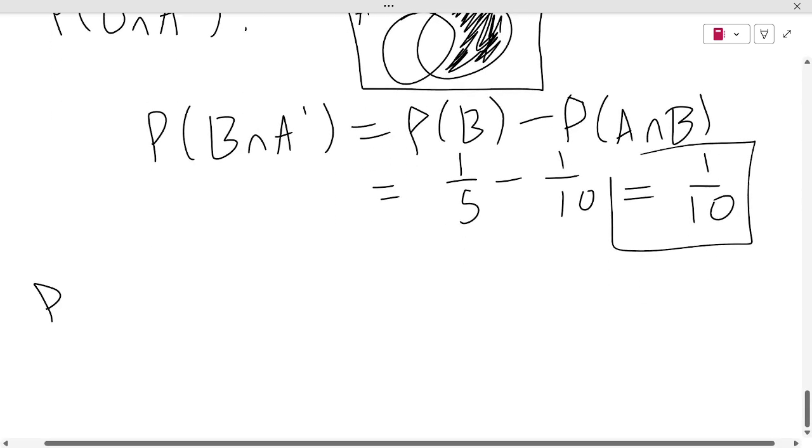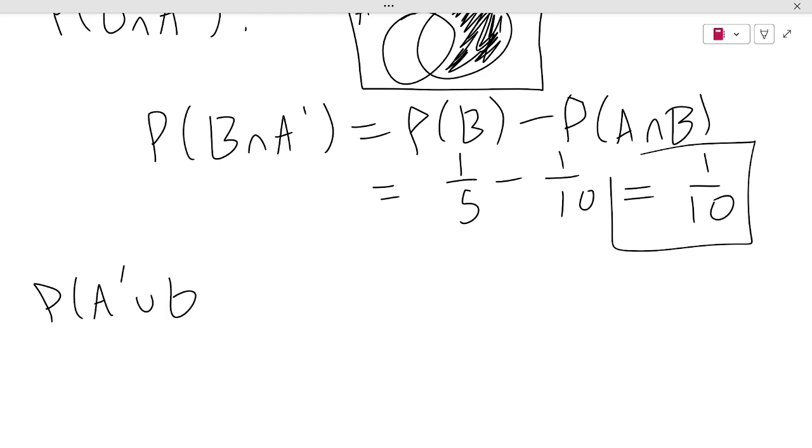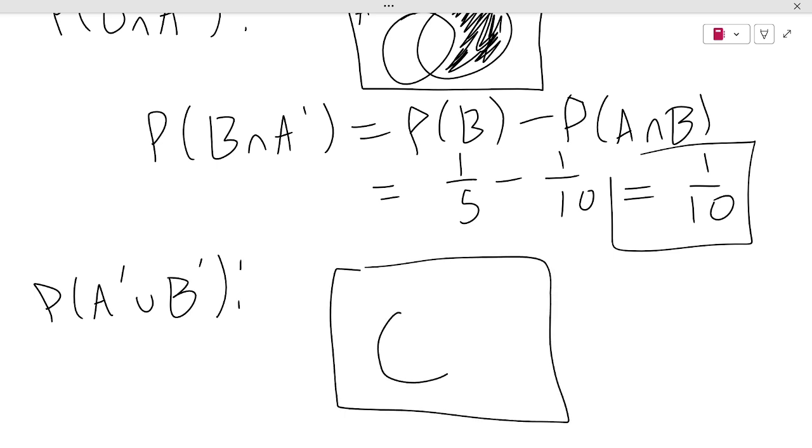Last part, we have the probability of A complement union with B complement, and we want to find what this is equal to. So again, let's start by doing a Venn diagram. When I draw this little box around it, that usually represents the whole universe, the sample space.